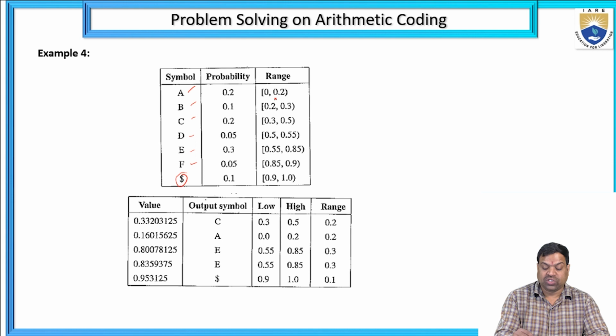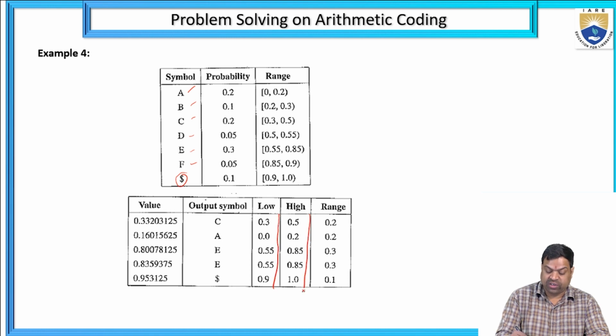So the ranges are 0 to 0.2, 0.2 to 0.3, 0.3 to 0.5, 0.5 to 0.55, and so on. These are the low values, and these are the high values.